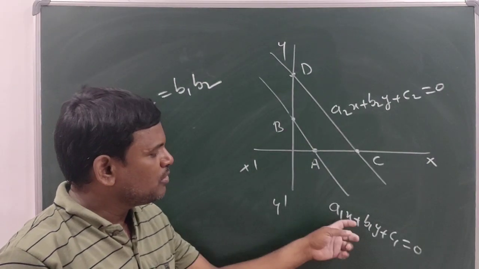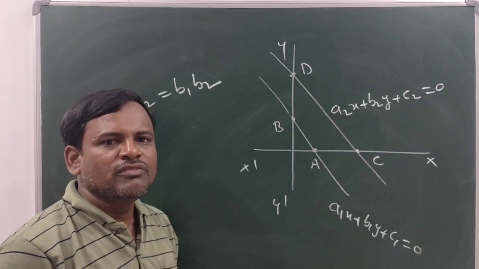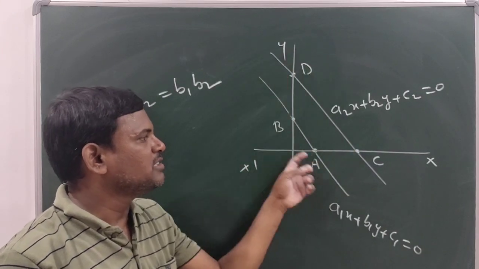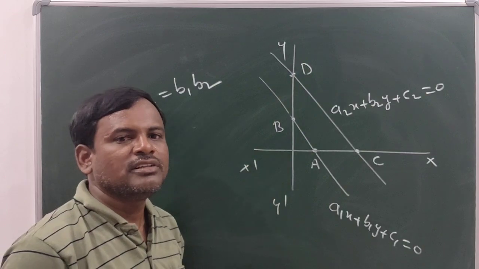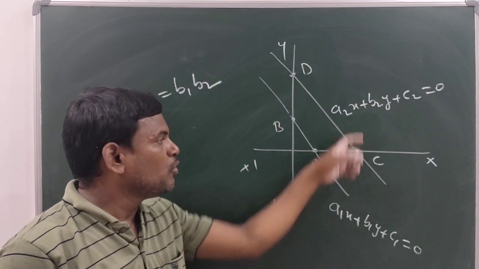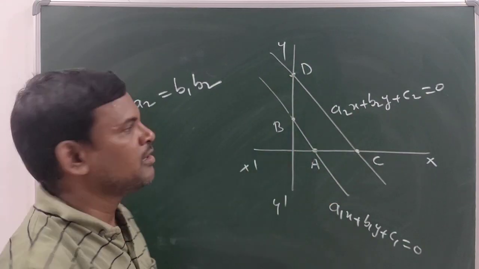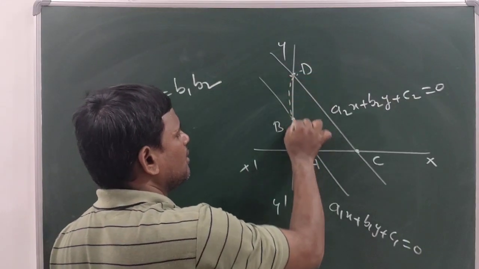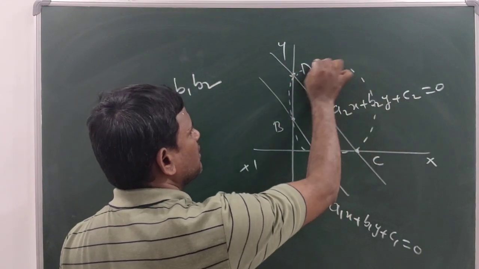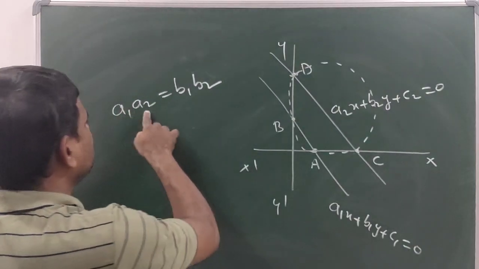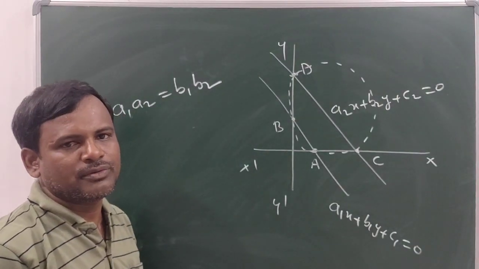Okay, so these are the 2 line equations which are intersecting the x-axis and y-axis at these 4 points. Then if these 4 points are concyclic, meaning lying on the same circle, then we will get this a1 a2 equal to b1 b2.